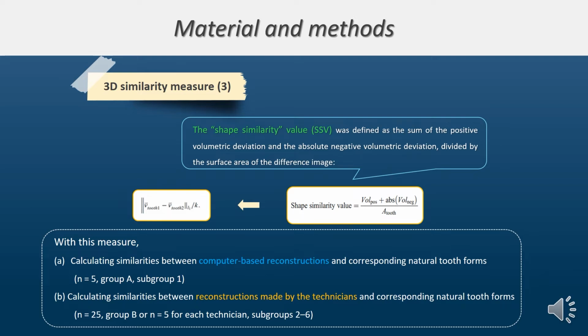If the obtained SSV is high, it means the superimposed surfaces are more dissimilar and vice versa. With this measure, similarities between computer-based reconstructions and corresponding natural tooth forms, and similarities between reconstructions made by the technicians and corresponding natural tooth forms were calculated.